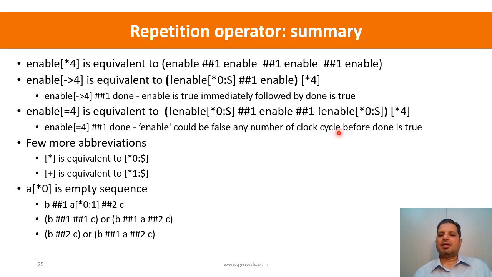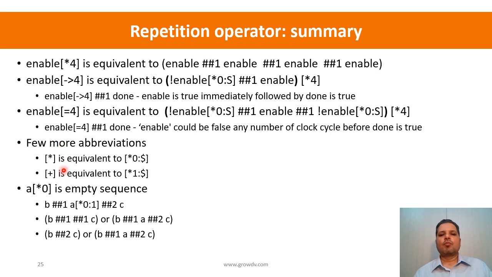So after the condition is met, it can remain 0 for any number of clock cycles, and it will still be a valid match for non-consecutive repetition, whereas for the go to repetition it has to hold on the last match. So that is the difference that we see when we use the go to repetition.